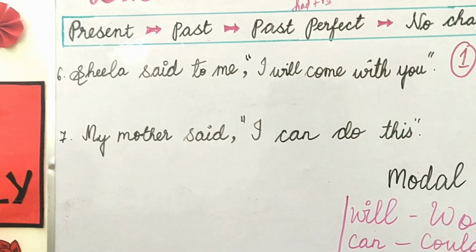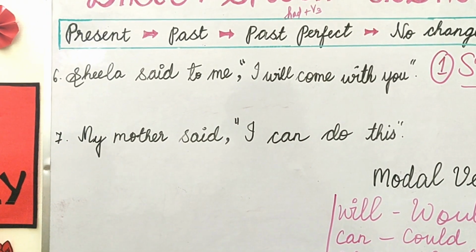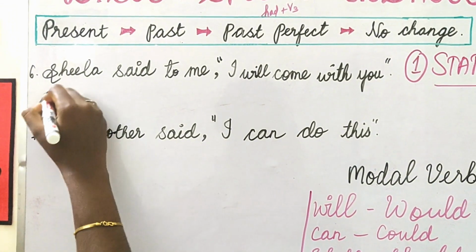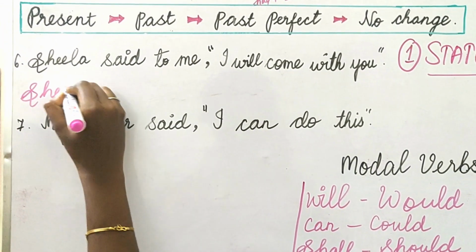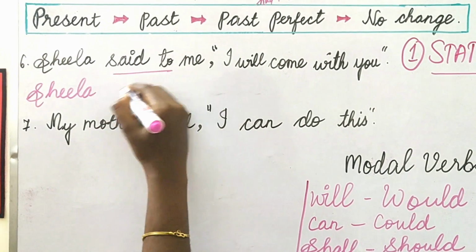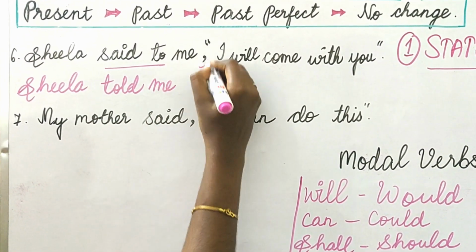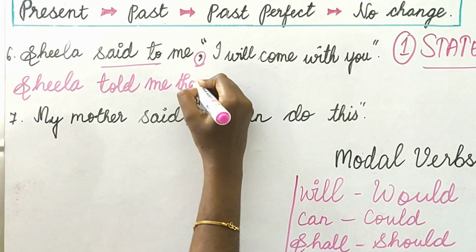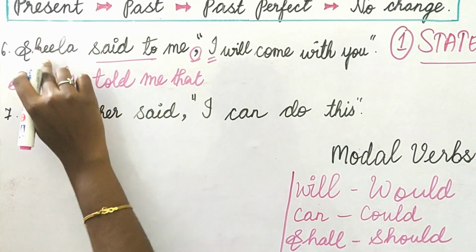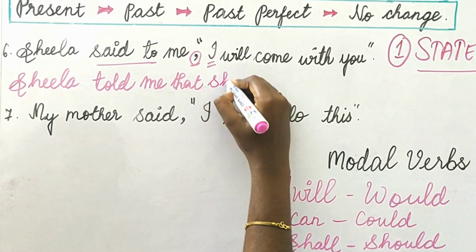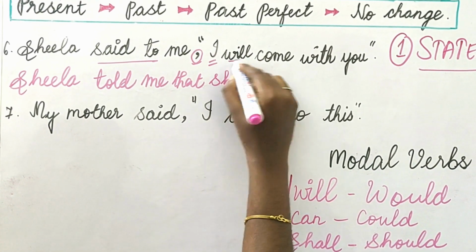So coming to the example, Sheila said to me, I will come with you. So let us change this. "Said to" will be changed to "told". Sheila told me, instead of this comma, "that". "I" refers to Sheila, subject's place, who, isn't it? She will.